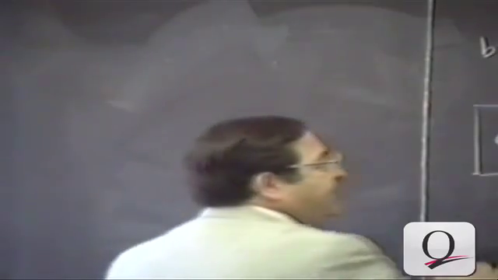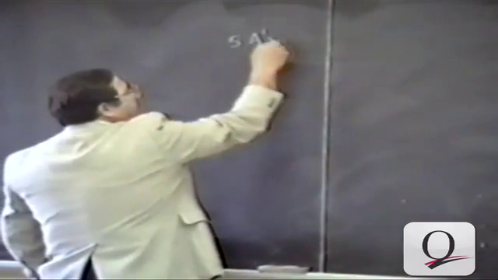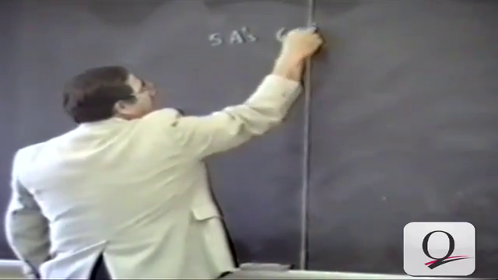Now we can combine this combination formula with our counting principle, our multiplication rule. Suppose I had 5 A's and 6 B's.